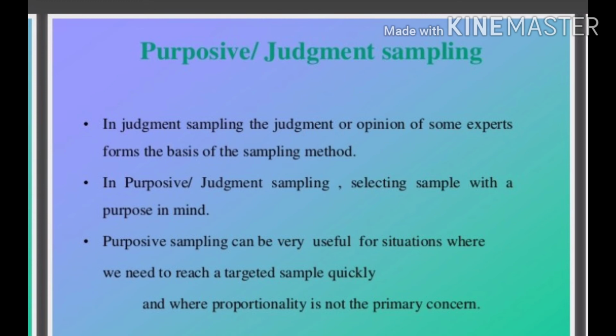In judgment sampling, the judgment or opinion of some experts forms the basis of the sampling method. In purposive sampling, we select a sample with a purpose in mind. Purposive sampling can be very useful for situations where we need to reach a targeted sample quickly and where proportionality is not the primary concern.